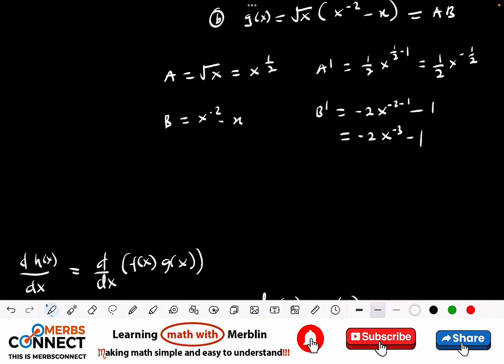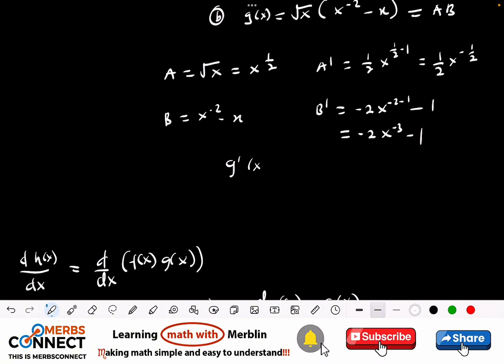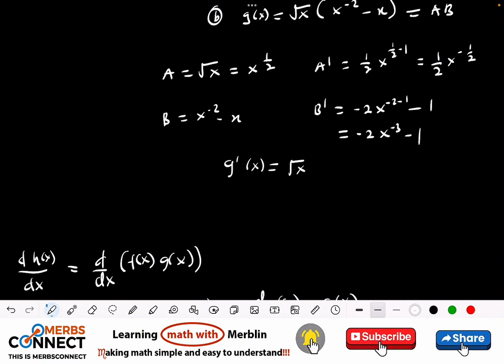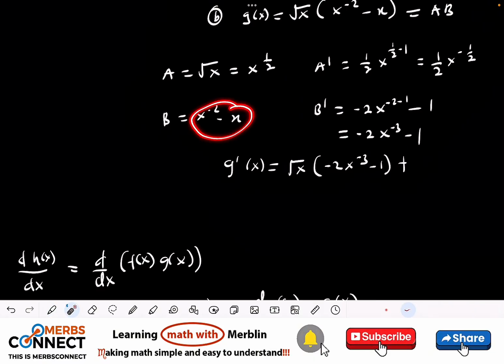So my g prime of x will be equal to, so if I pick a first, a times this, so I'm going to have root of x open parenthesis minus 2 x to the power minus 3 minus 1 close parenthesis plus then this times this.